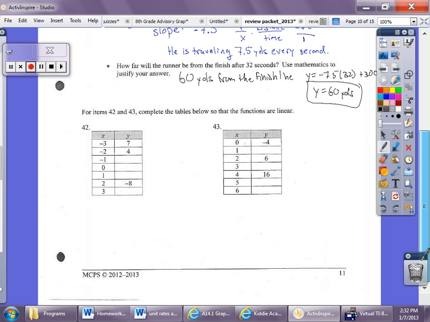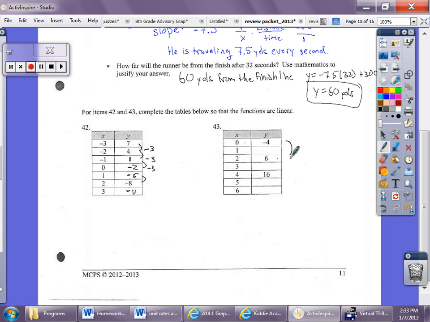And for 42 and 43, complete the tables below so that the functions are linear. Well, we said that linear functions have a constant rate of change. Well, this is minus 3, so we keep subtracting 3 each time. And when we look over here, well, how do you go from negative 4 to 6?